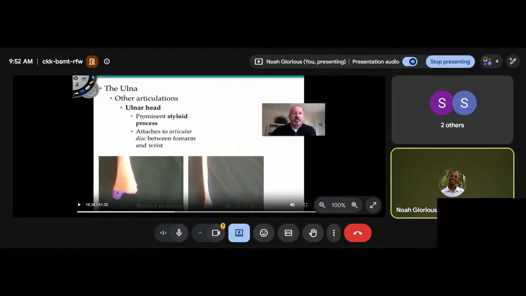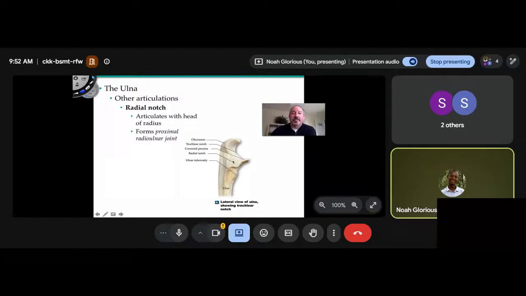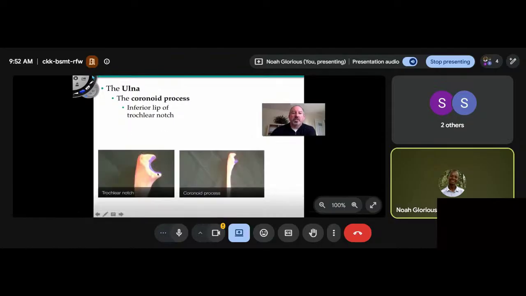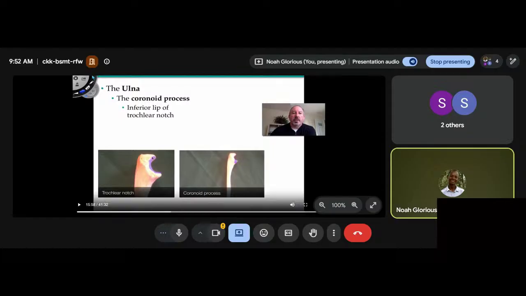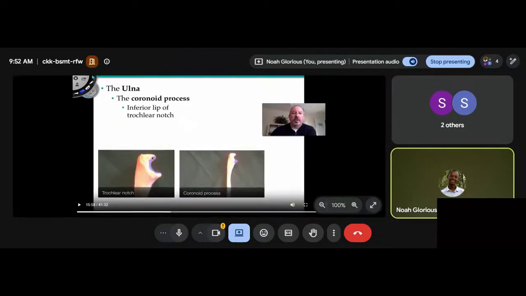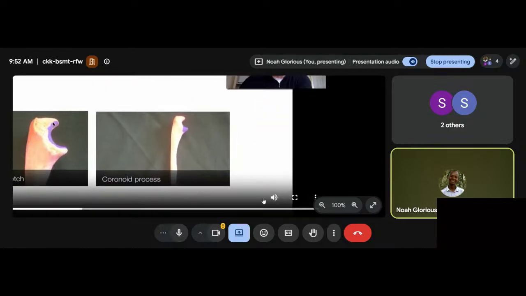Yes, the olecranon process at the top here, then the coronoid process at the bottom here, and then we have the notch.